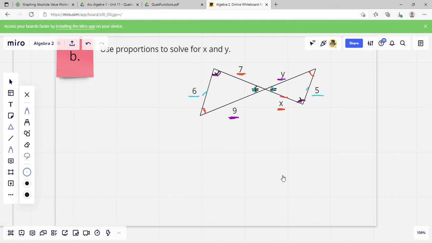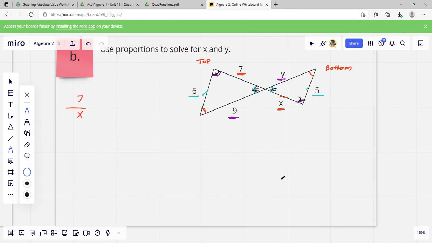Okay, so now we can set these up as proportions. We're going to do this side first. This will be our top. This side will be our bottom. Okay, so if our top on the orange is 7, our bottom on the orange is x.